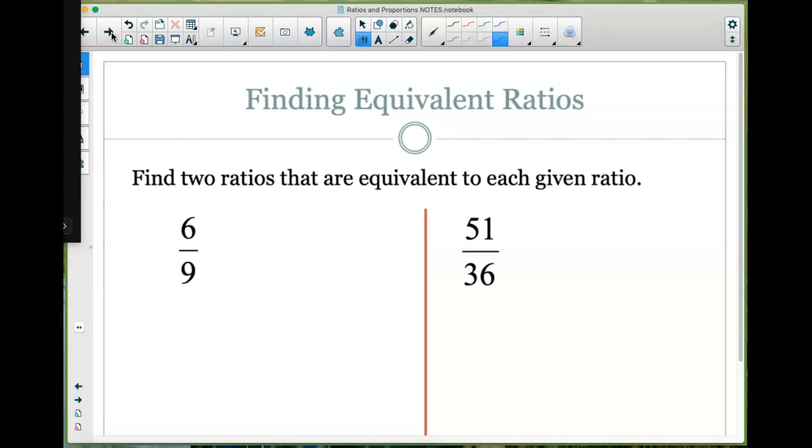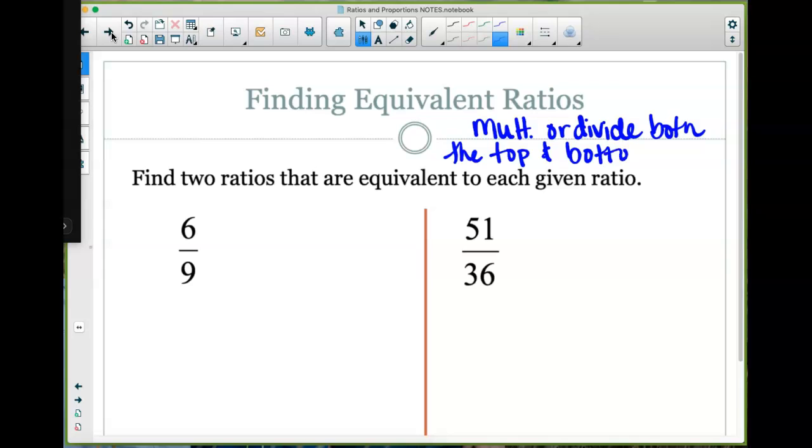In order to do that, you're going to multiply or divide both the top and bottom by the same amount. Okay, so when we're finding equivalent ratios, we're multiplying or dividing. You're going to multiply both the top and the bottom by the same amount.